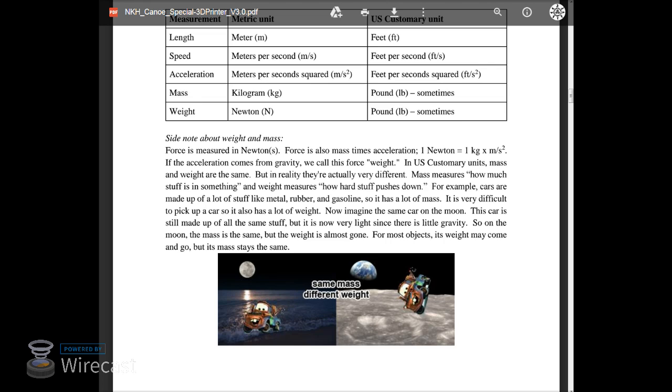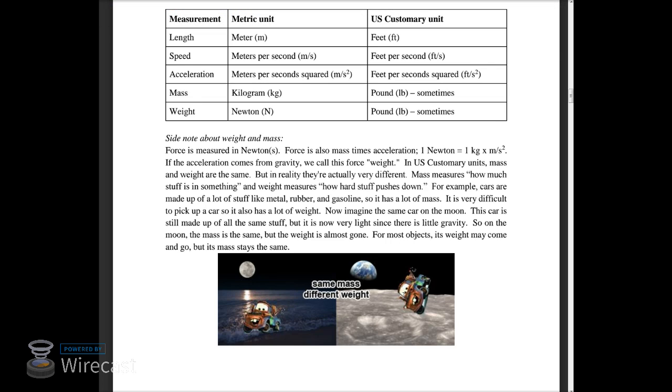Mass describes how much stuff is inside something, and weight is a force describing how hard something is pushing down. So over here, these two trucks, one is on the Earth and one is on the moon. They have the same mass because it's the same truck, but they have different weights.